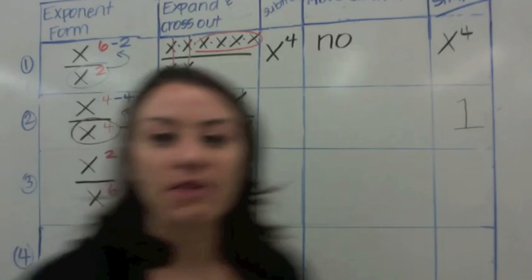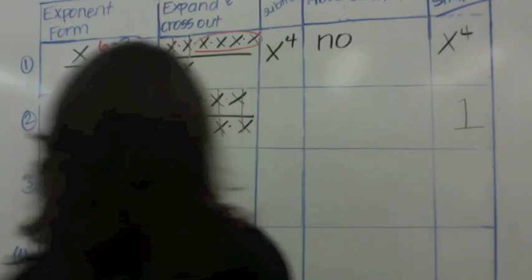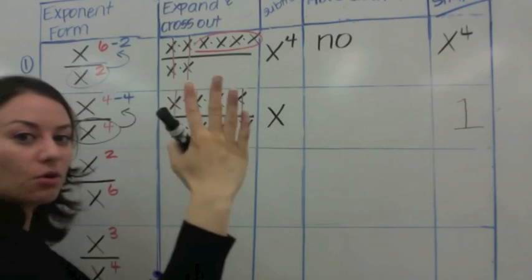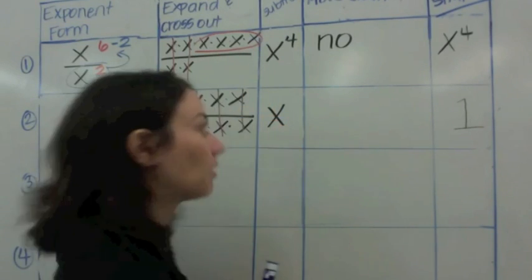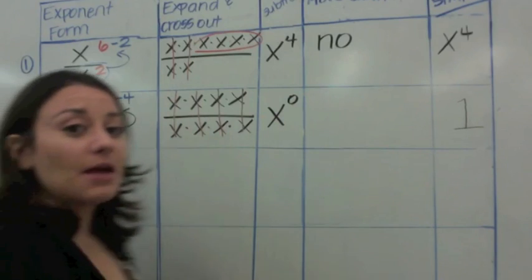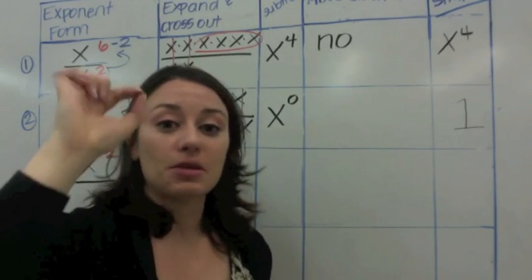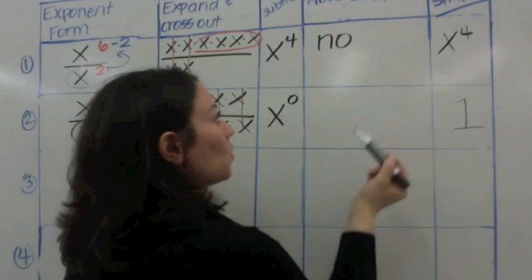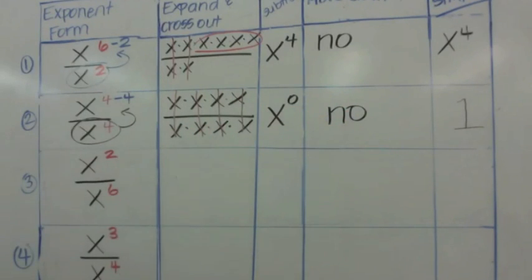Isn't it 0? So this is x to the power of 4 take away 4, and 4 take away 4 is 0. So it's x to the power of 0. Now, any number to the power of 0 is 1. Repeat after me: any number to the power of 0 is 1, or any letter. So x to the power of 0 is 1, and we do not have to move it down because 0 is not negative. It's also not positive.